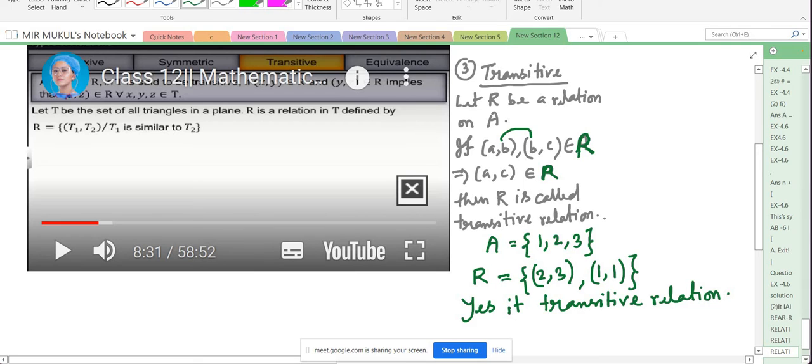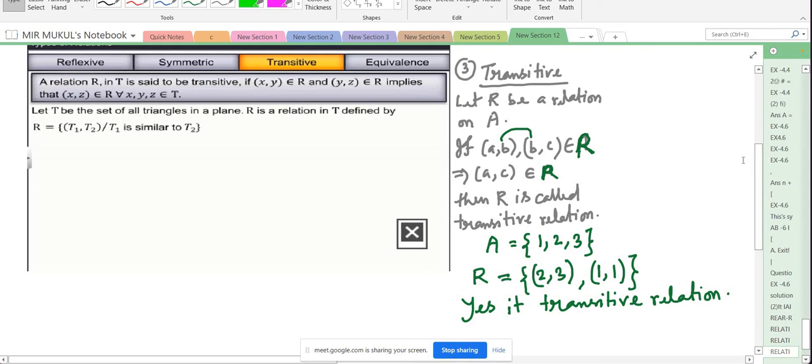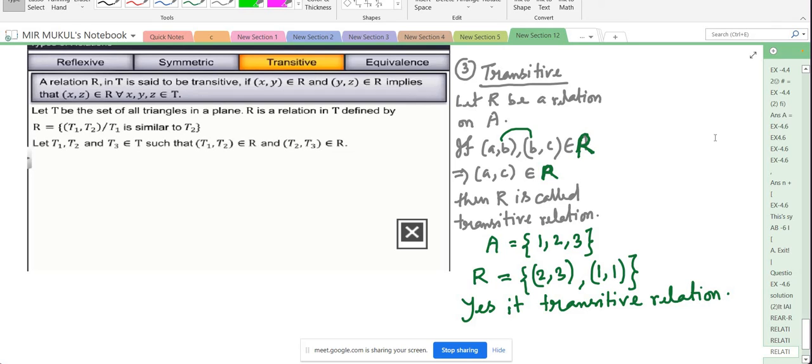So now a few more concepts we'll see. Transitivity of the relation R in T, which is defined by the set of ordered pairs (T1, T2) such that T1 is similar to T2. Consider the ordered pairs (T1, T2) and (T2, T3) in set R. By definition, T1 is similar to T2 and T2 is similar to T3.